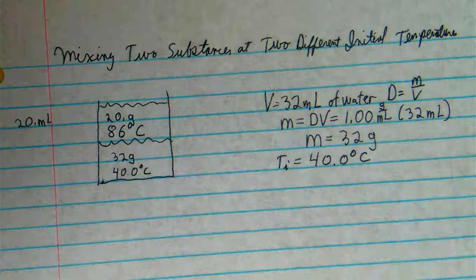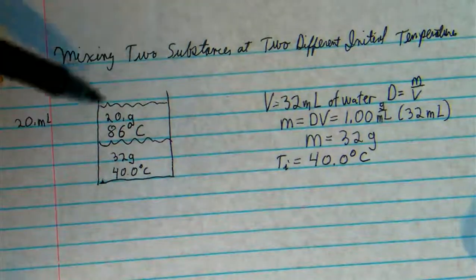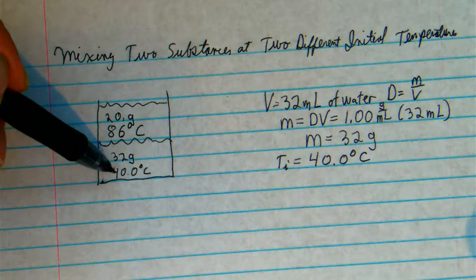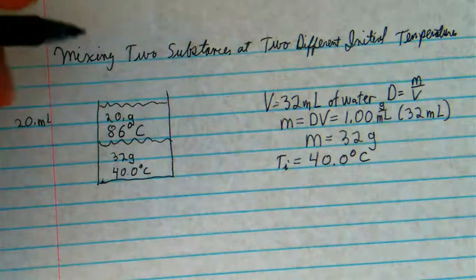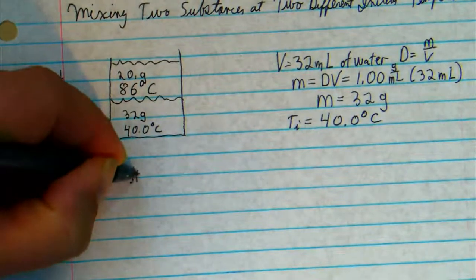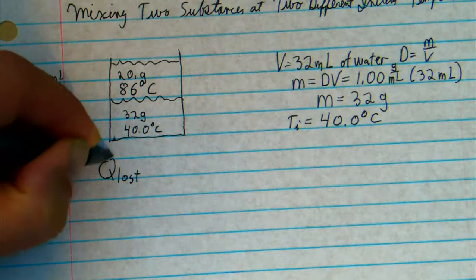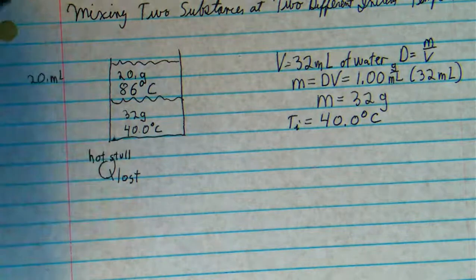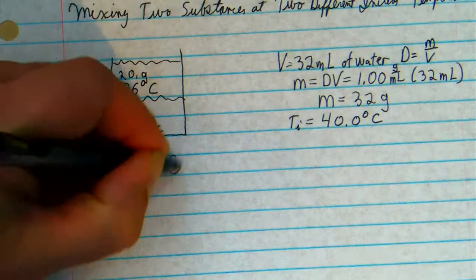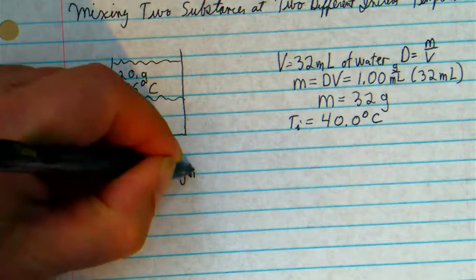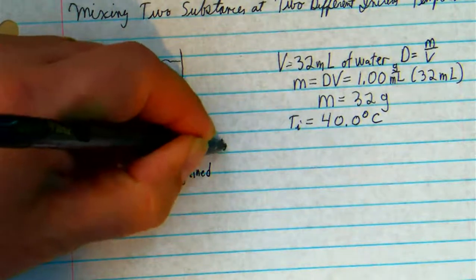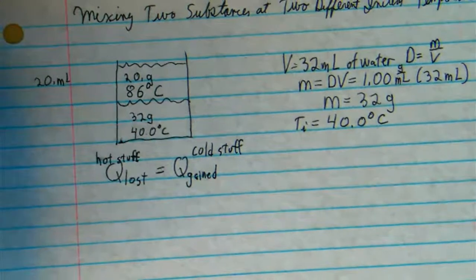All right. So I'm taking this hot water and I'm mixing it with this cold water. And here is the mathematical concept. The heat lost by the hot stuff cooling down is set equal to the heat gained by the cold stuff warming up.